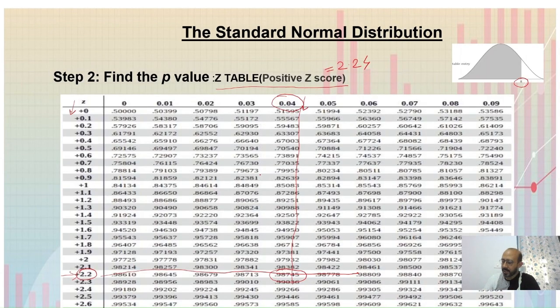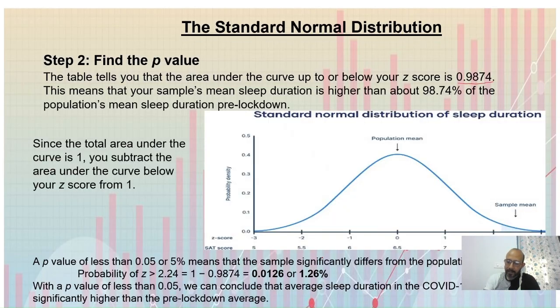You can also cross check 0.98745. So that is 0.9874 and 5. This means that your sample's mean sleep duration is higher than about 98.74% of the population's mean sleep duration pre-lockdown.